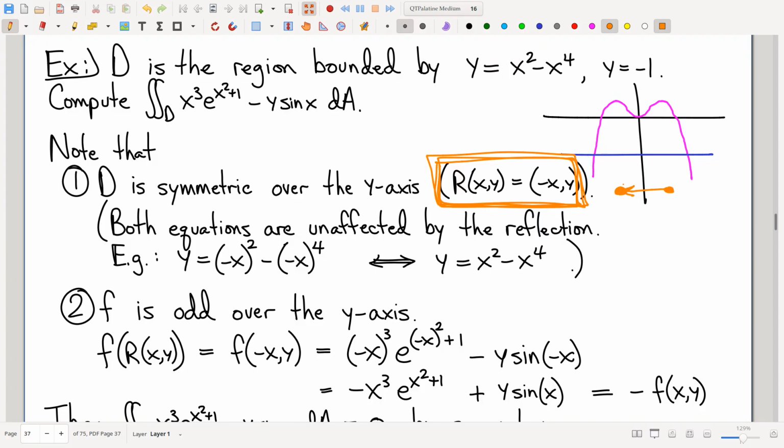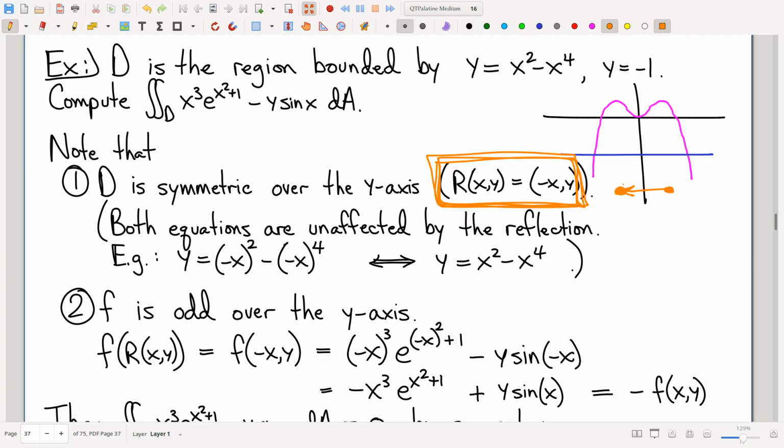Now let's think about this picture. Here's the y-axis, and here's x comma y, and here's where you reflect to. Notice when you reflect over the y-axis, the y-coordinate doesn't change. You can see that I've written that down in the formula for the reflection. You can also see the x-coordinate of the reflection is the negative of the x-coordinate that you started with. Again, right here in the formula.